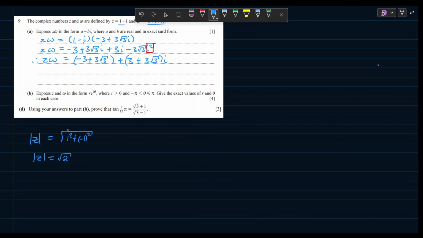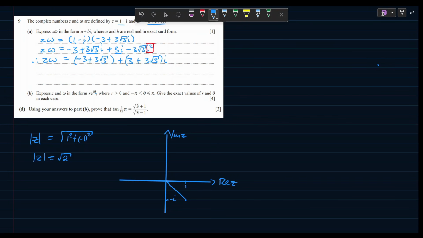And we also need to find the argument theta of z. So to do that, let's draw a diagram. So we've got our imaginary axis, and we've got our real axis, and z is 1 minus i. So 1 unit in the real axis and negative 1 unit in the imaginary axis. So z is going to be here.